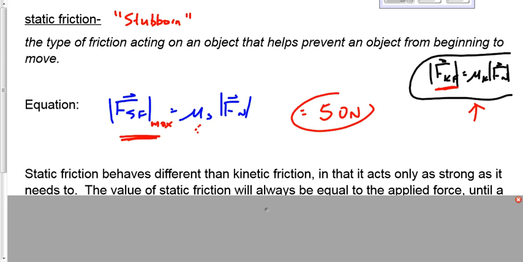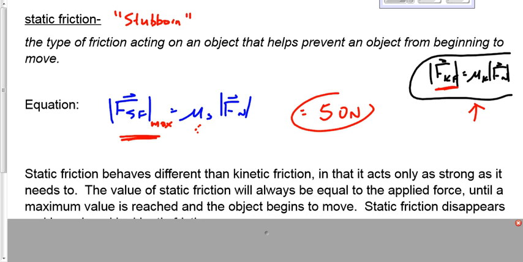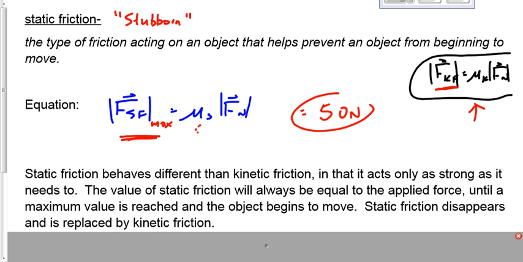The value of static friction will be the same as the applied force. However hard I push, that's its value, unless I push harder than the maximum value. Then it begins to move. And when it begins to move, it ain't static anymore. Now we got kinetic friction, which I can calculate using the equation that I learned on Friday.